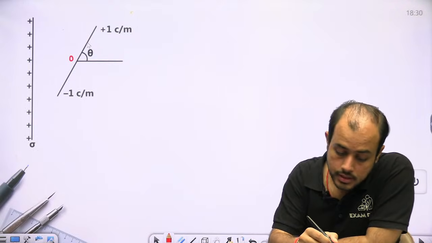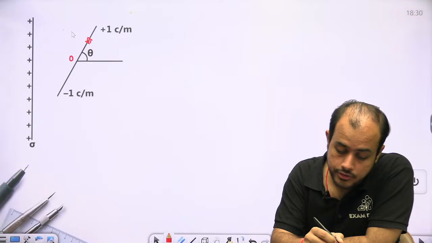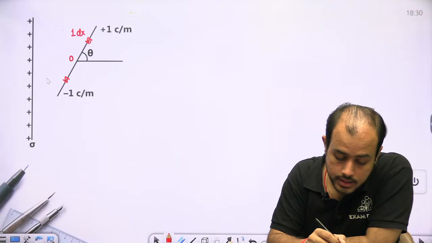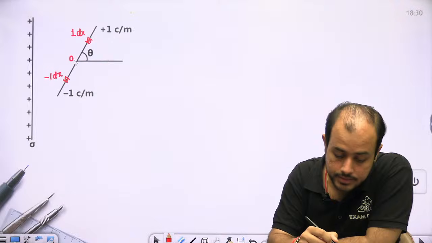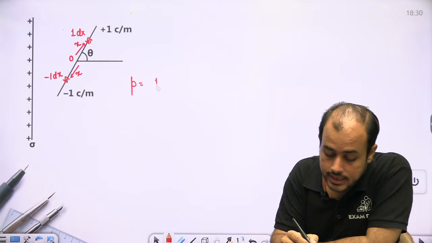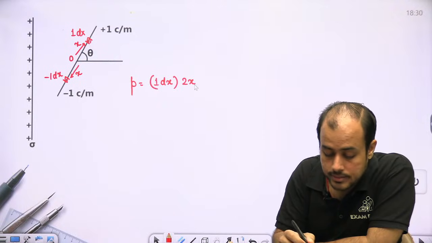देखो, I will consider a charge 1 dx here and -1 dx here. This length is x. So what is the dipole moment? The charge is 1 dx into the length is 2x.